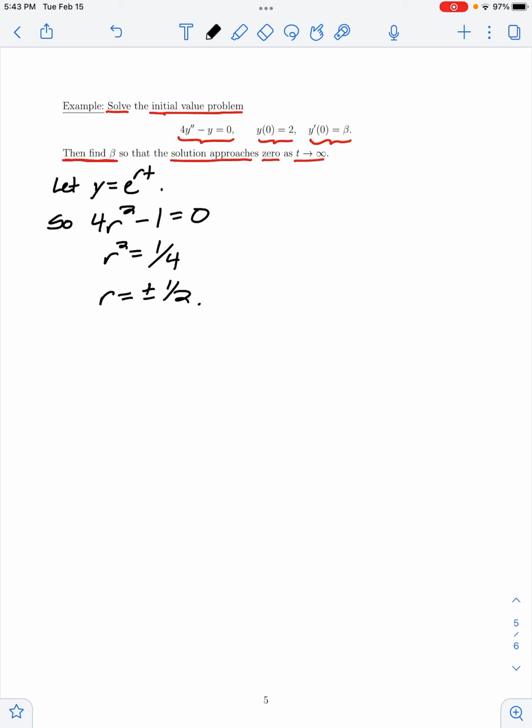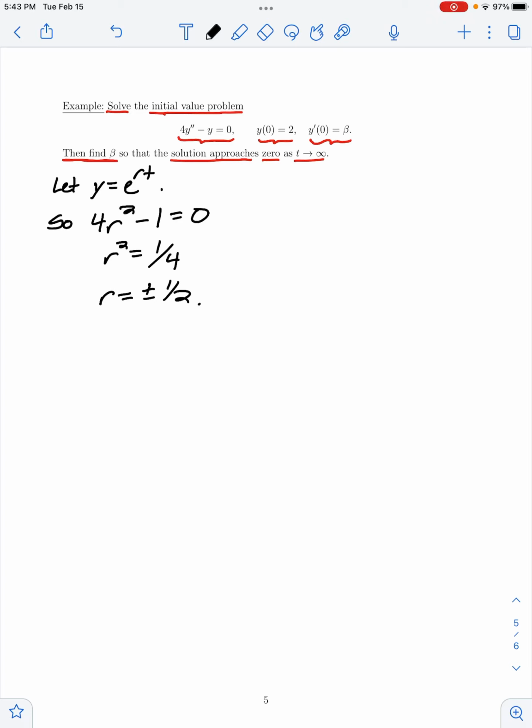And so right away when we see that one of our roots is positive, we would expect that our solution will approach either positive or negative infinity, depending on what our constants are. But recall, for this problem, we're going to try to find a particular initial condition, the value of beta, which will make our solution approach 0.